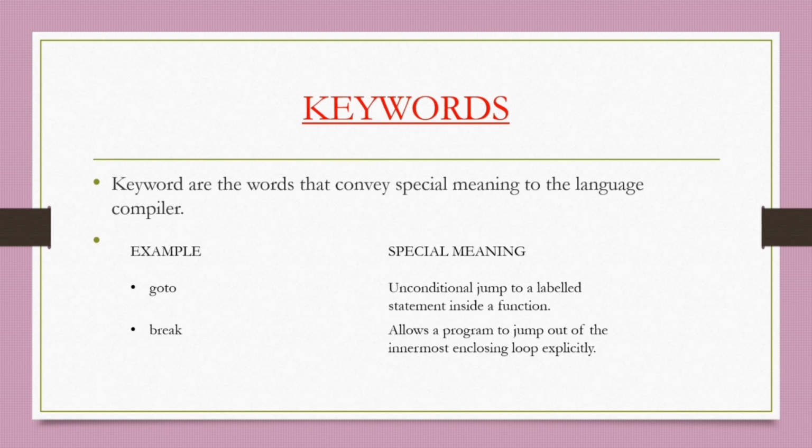For example, goto. Goto has a special meaning, that is unconditional jump to a labeled statement inside a function. Whenever we want to jump from our function unconditionally, we use goto. Next is break. Break allows a program to jump out of the innermost enclosing loop explicitly.